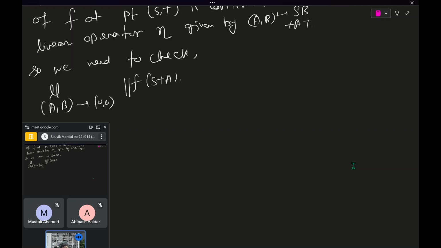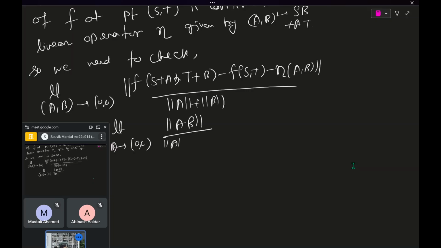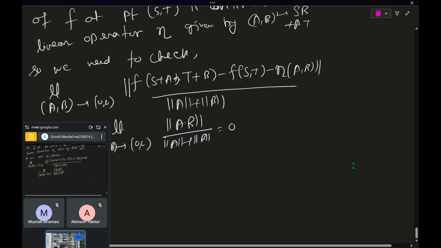This is equal to the limit as (A, B) goes to (0, 0) of the norm of AB divided by the norm of (A, B), and then the claim follows. Okay.